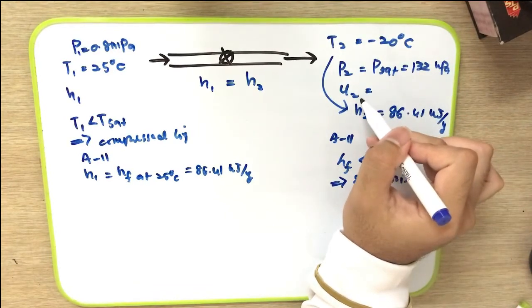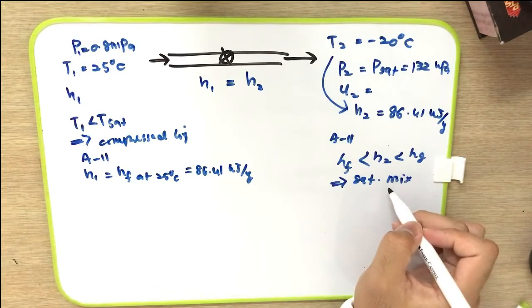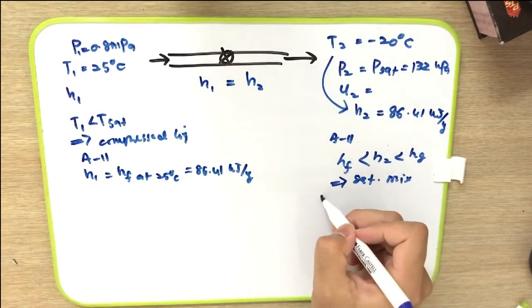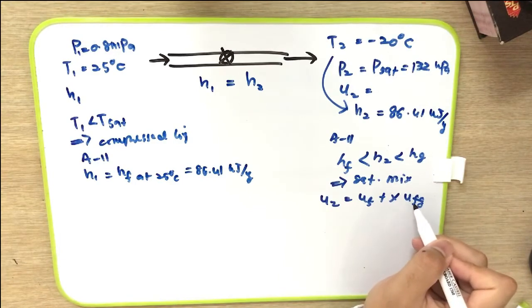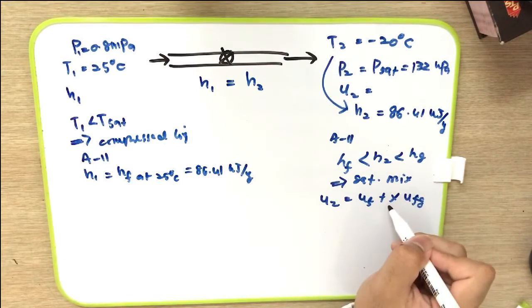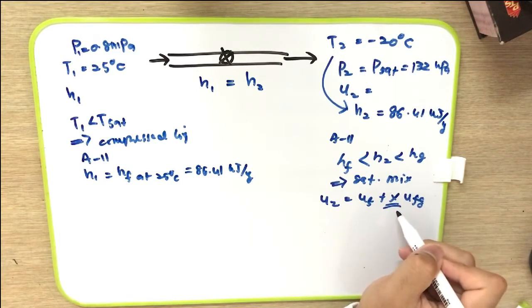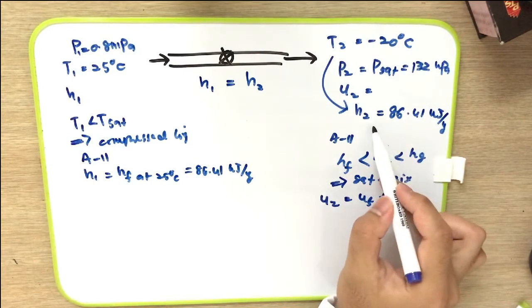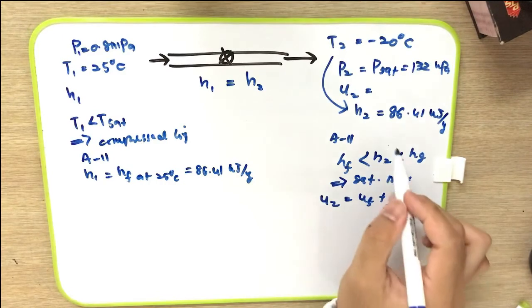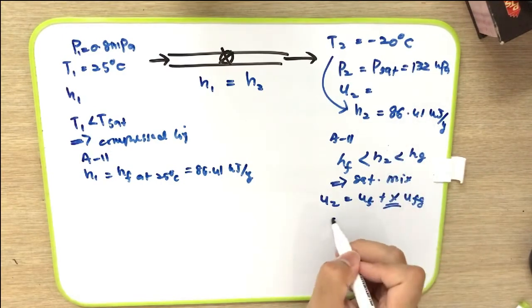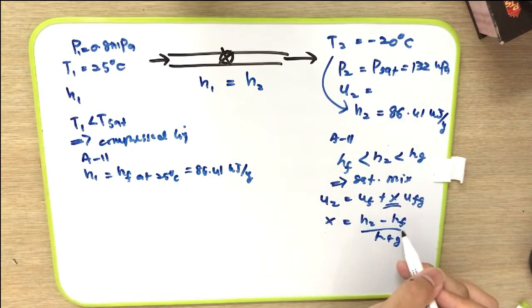Next, we have to find the u2. This is a saturated mixture, so u2 we can find through this equation, uf plus x ufg. But before we can find the u2, we have to find first the quality. We have enthalpy, and the quality we can find through this equation, x is equal to h2 minus hf over hfg.